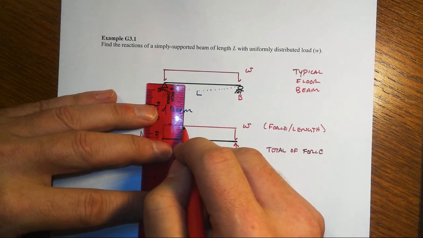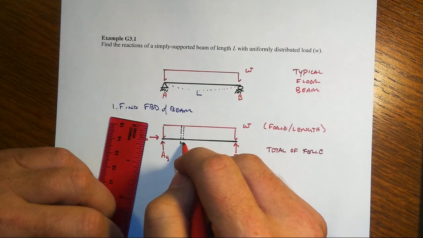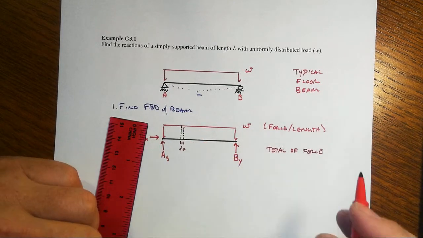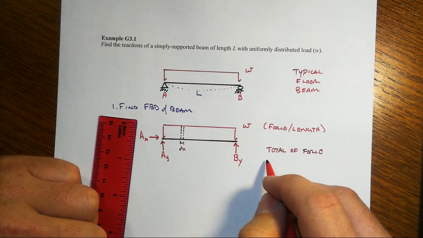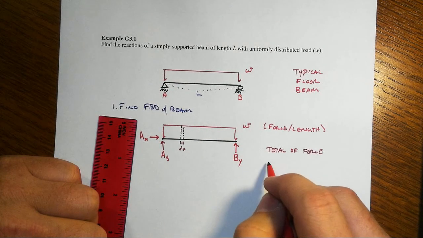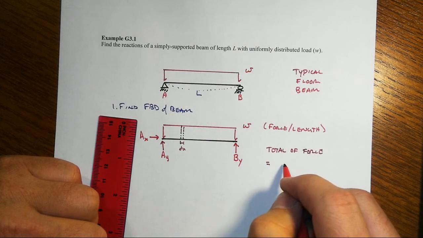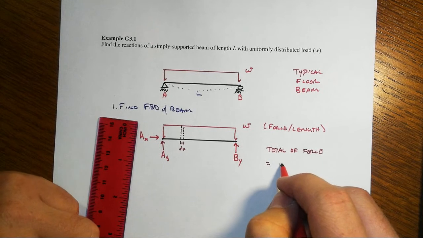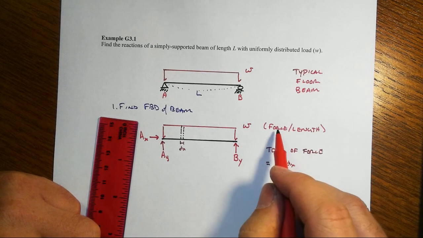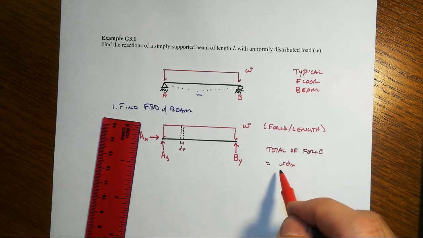Now you're saying, no, let's not. Well, hang with me here. There's a dx, there's your differential. The total force, that effective resultant, would be equal to, well, one little part of that is W times dx. Check out the units. Force over length times length would give us back force.